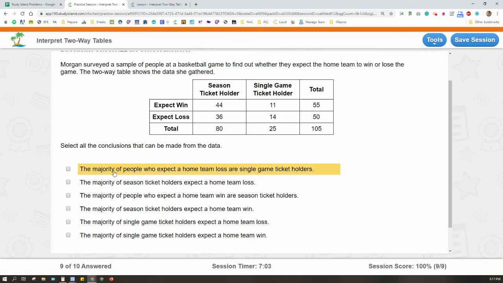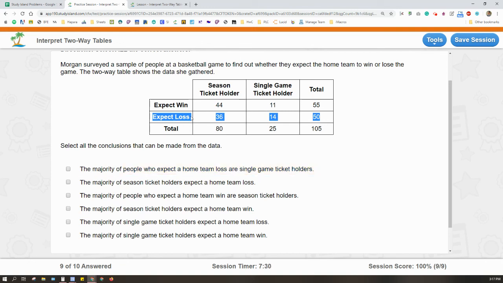First statement. The majority of people who expect a home team loss are single game ticket holders. I'm going to read it again. The majority of people who expect a home team loss. So we're going to look for the people who expect a loss. We only care about this row right now. We want to see if a majority of them are single game ticket holders.